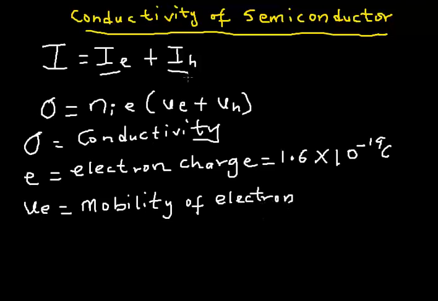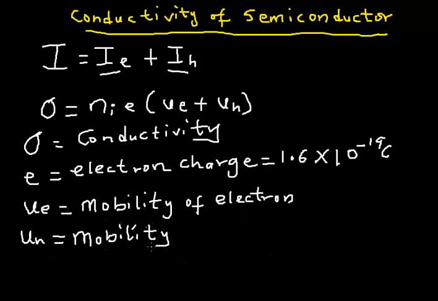And the other one, μ_h, is the mobility of the hole. I'm just choosing U to represent it because it's simple for me to call this symbol U, but it's not U. What matters is the name of the symbol.